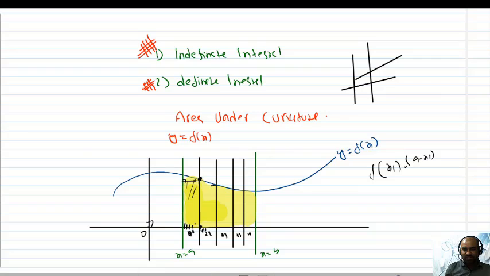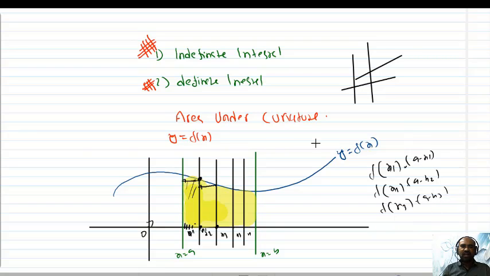Another rectangle is constructed like this. This point is taken as x2 on the number line. The height becomes f of x2, the width becomes x2 minus a. The area of the rectangle is f of x2 into x2 minus a. Next one is f of x3 into x3 minus a.